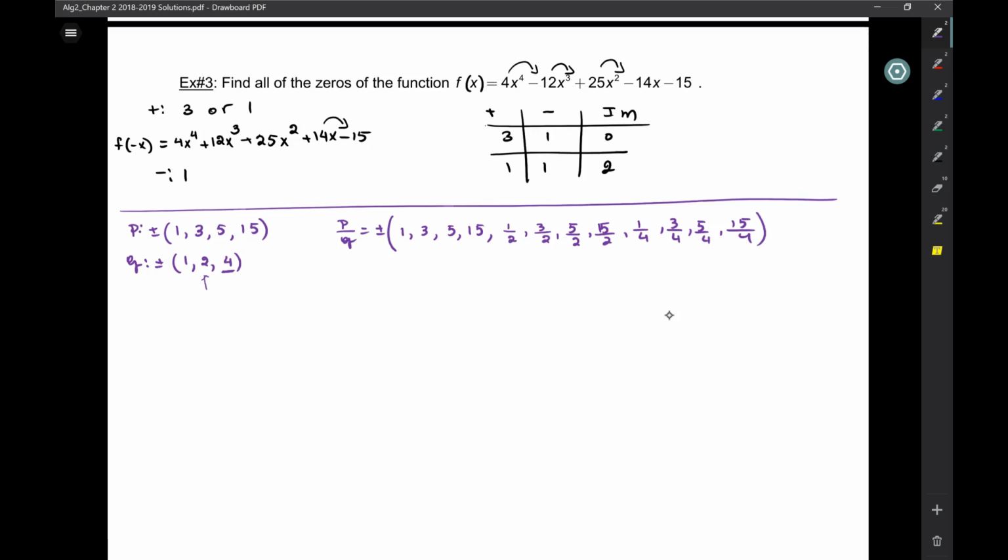So now what we're going to do, that's a lot of numbers, we're going to do some test points here, right? But before that, give me a minute. All right, so we're trying the 1.